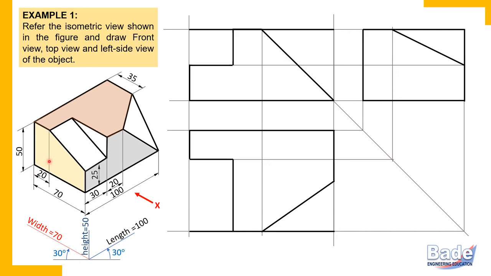Now this surface appears as a line in the other two views. Remember, when a surface shows its true shape in a view, then in the other two views it appears as a line. So this surface appears as a line in the front view. But where is that line? On the left side. So on the left side, watch here.